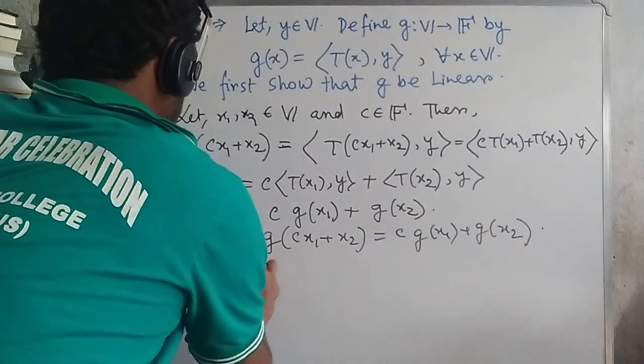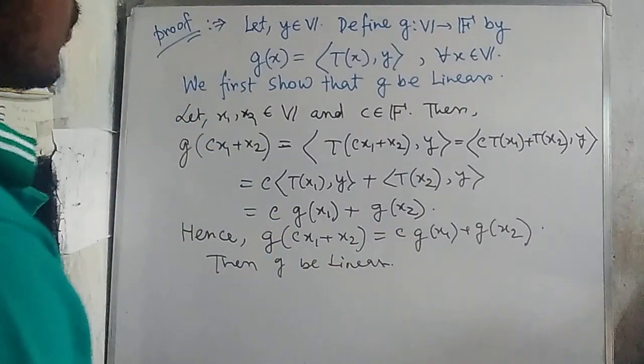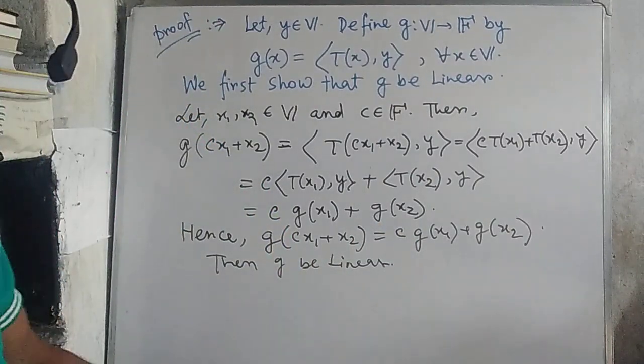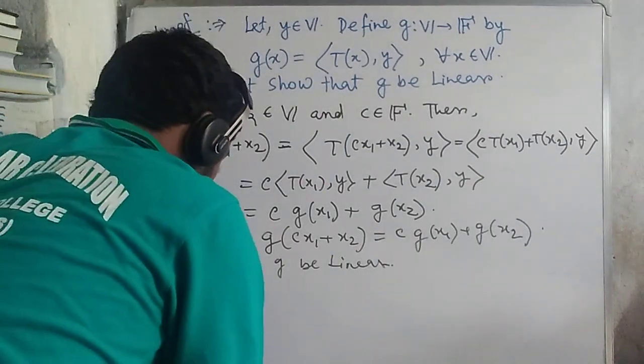Then g is linear. Not a problem at all. We prove this, g is linear. Now we go to discussion of another portion.